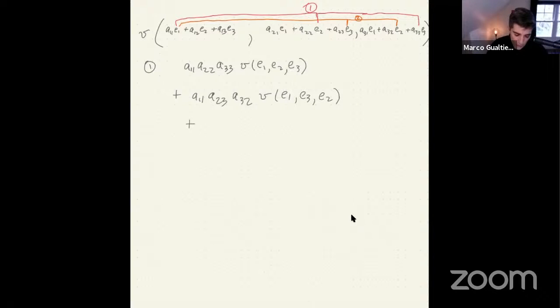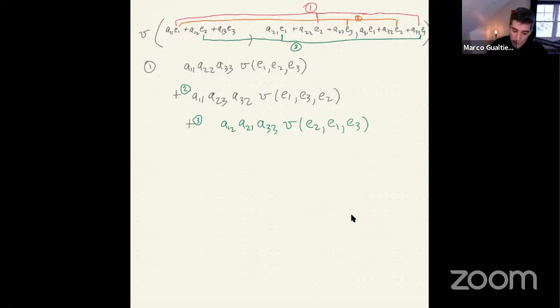So I got the two terms that will go with E1. Let me do an E2 now. E2, that will hit E1 and E3. Okay, the third term will be A12, A21, A33, V, E2, E1, E3.